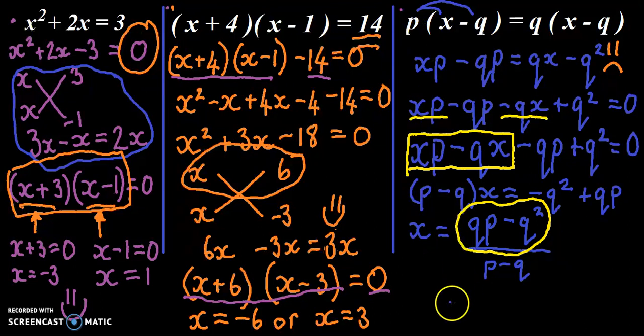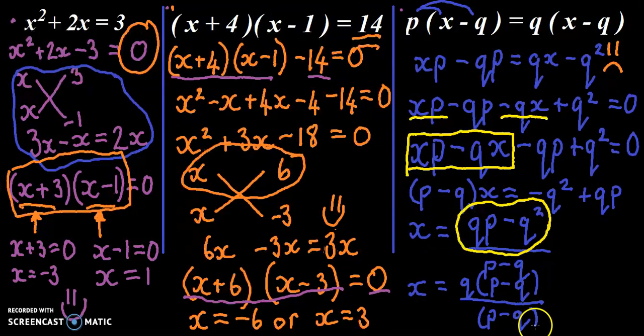I'm running out of space, so let's make it small. I've got x is equal to q times p minus q over p minus q, and look at it, lovely, look what it does. That cancels with that, which means, therefore, x is equal to q.